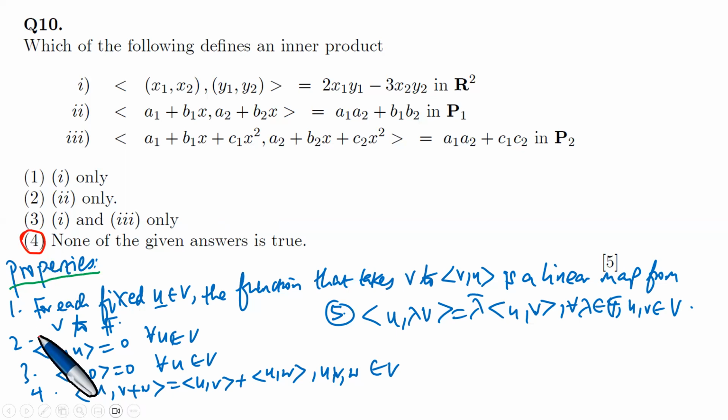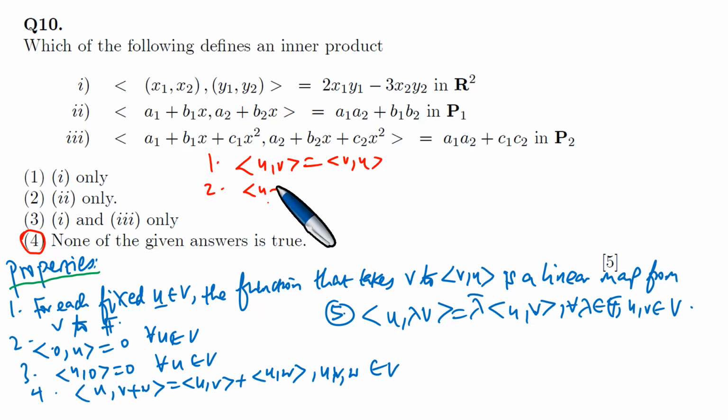There are a couple of reasons here. For example, if you look at the inner product of u and v, ideally the inner product of u and v is the same as that of v and u. The inner product of u plus v with w must be equal to the inner product of u and w plus that of v and w. And for a scalar k, the inner product of k times u with v must be equal to k times the inner product of u and v.